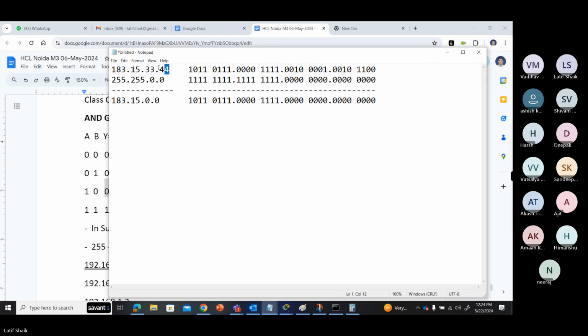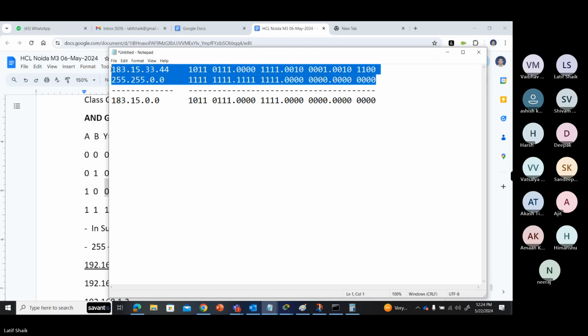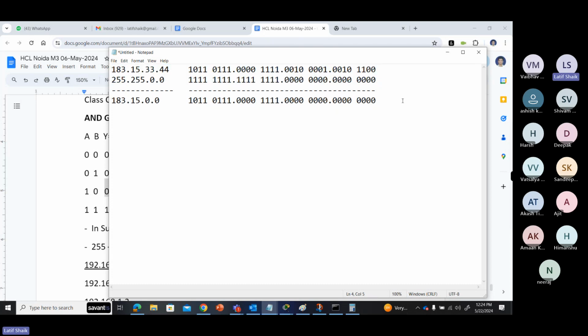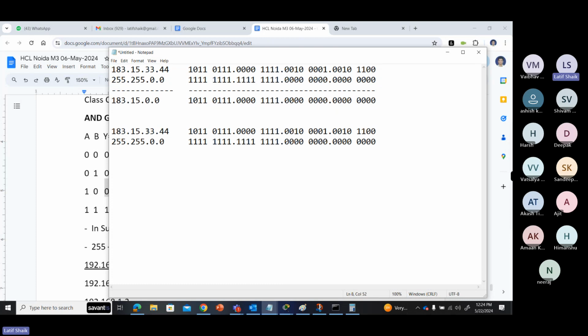Same thing. I have another system with some IP address, 55, 66, something like that. 55 means this part will change, right? This part I will remove and this part also.